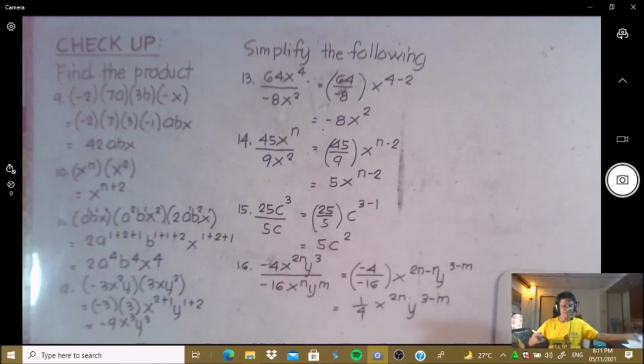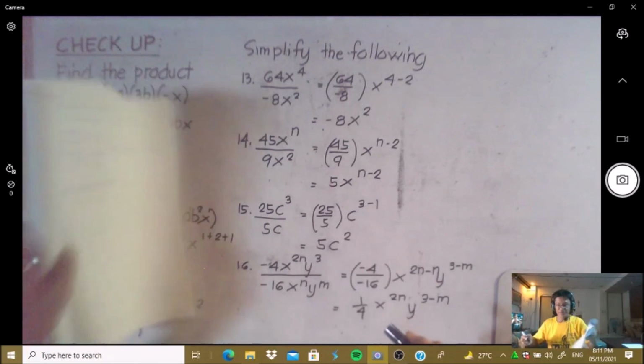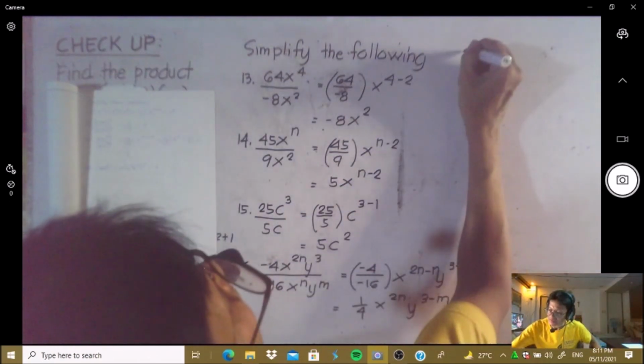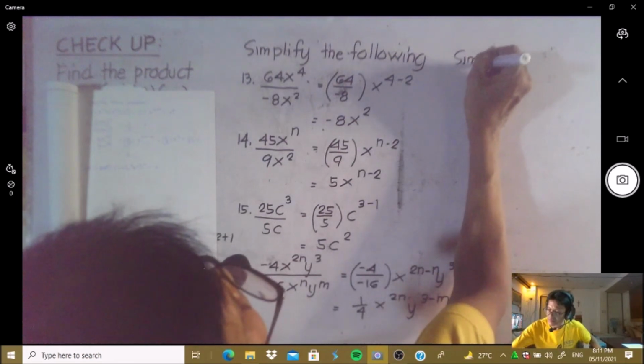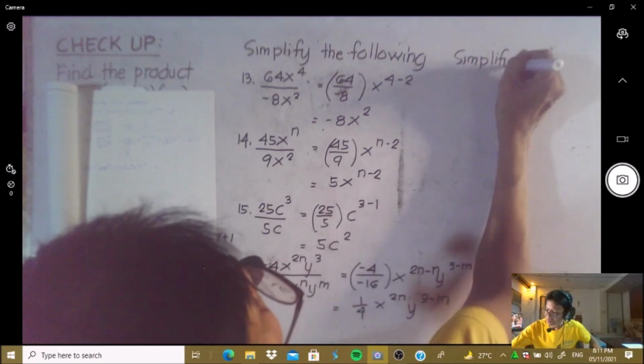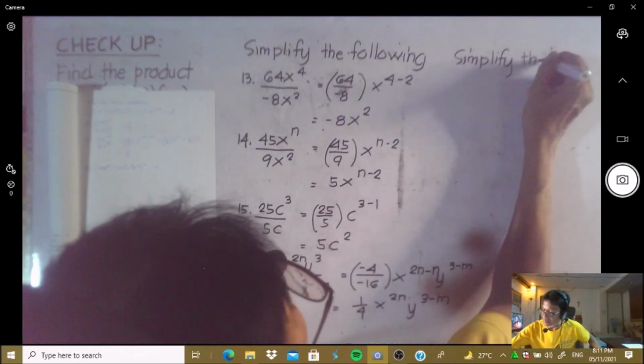Okay. So for our next topic, we have to simplify these problems, which actually involve zero exponent.